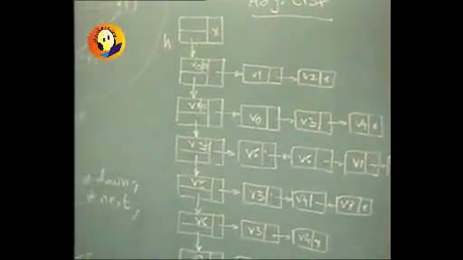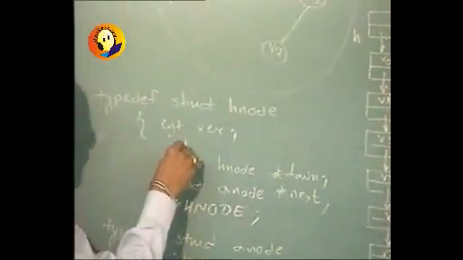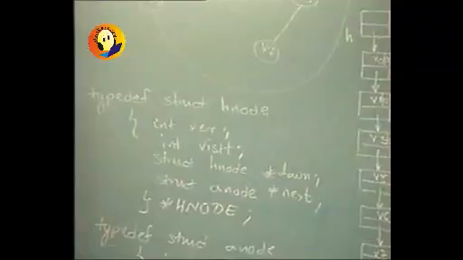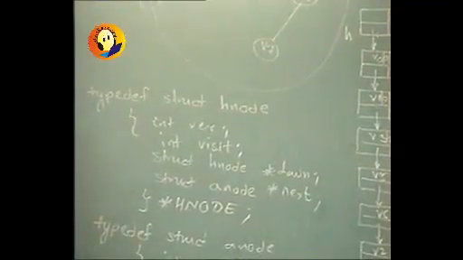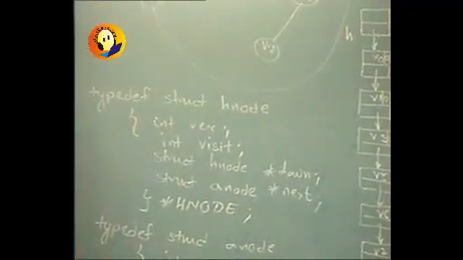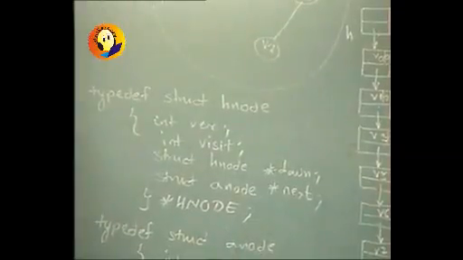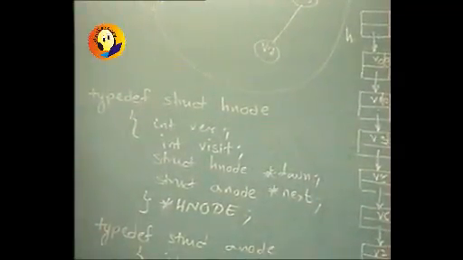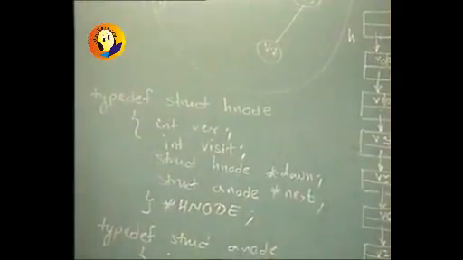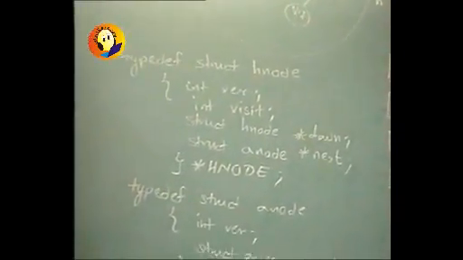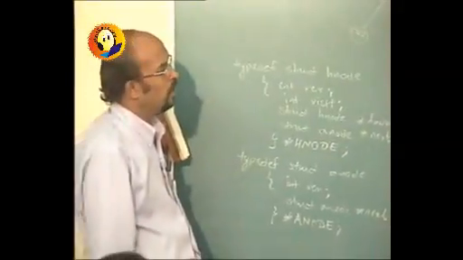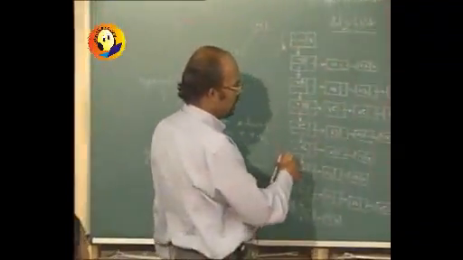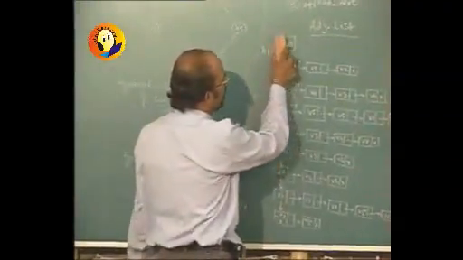And for that I had left this space. I will say it is int visit, so that when a vertex is visited it will be marked as true, otherwise by default it will be false. Okay, now let us proceed to write these functions first. You already have the figure now.